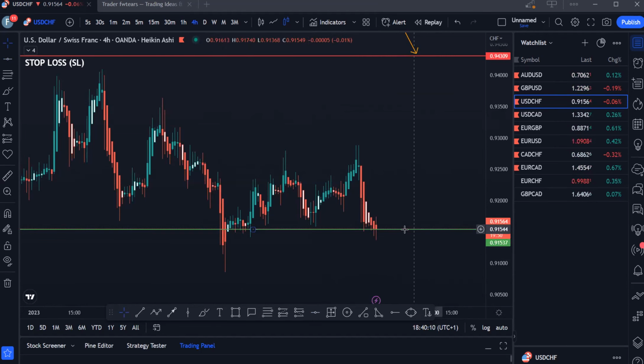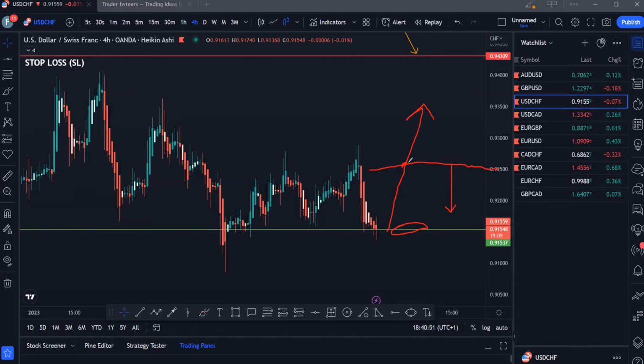If you use instant execution, you are going to be put into this trade at this price immediately. But if you are using a pending order, maybe based on your analysis, you see that price will still come up until this point. You can set a pending order so that when price gets up, if price will reverse into this zone, you can choose to buy or you can choose to sell.